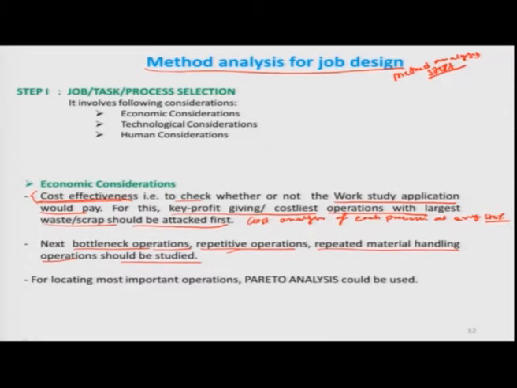For locating the most important operation, Pareto analysis could be used. Again, this is a technical tool for analysis, and I will explain later.